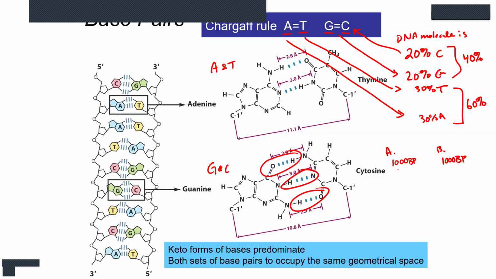If you've got a molecule that's 1,000 base pairs and it is, let's say, 20% C, and then you've got another molecule, molecule B, and I'm going to say that it is, let's go with, 45% T.